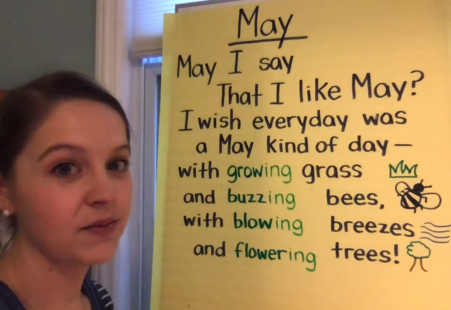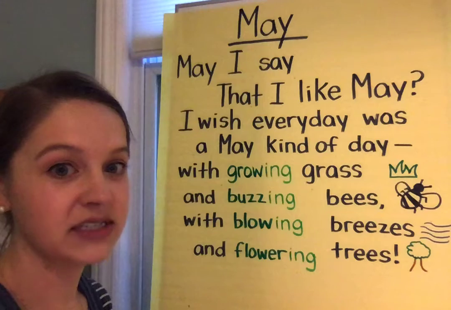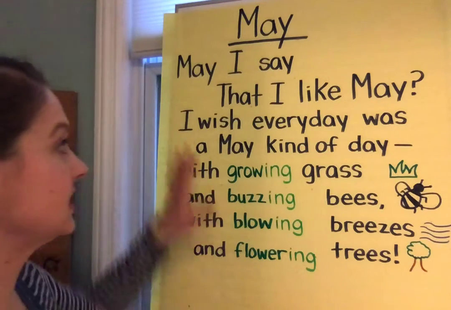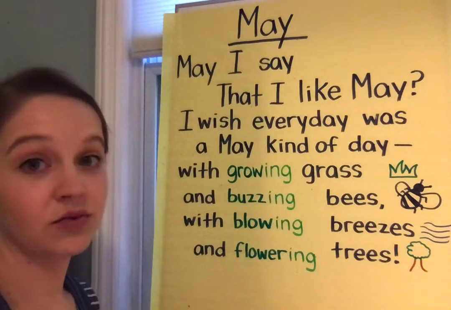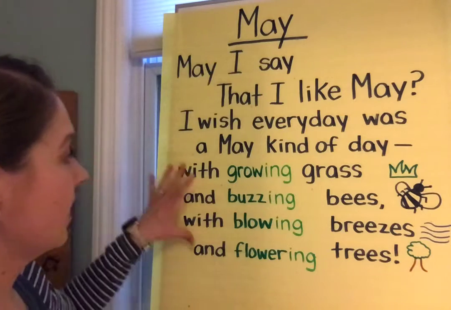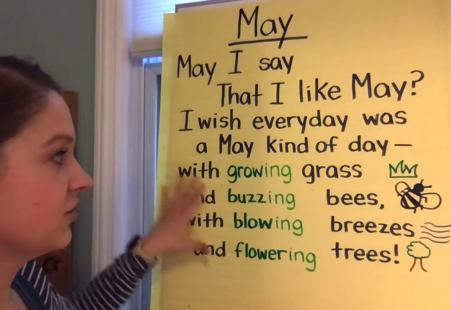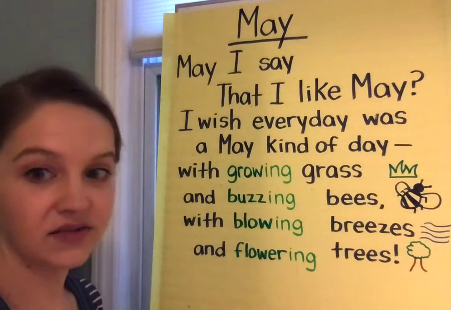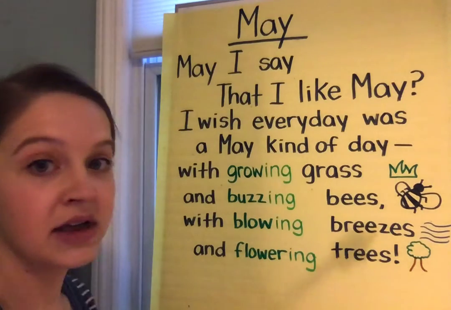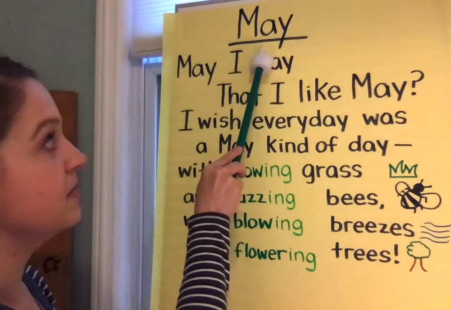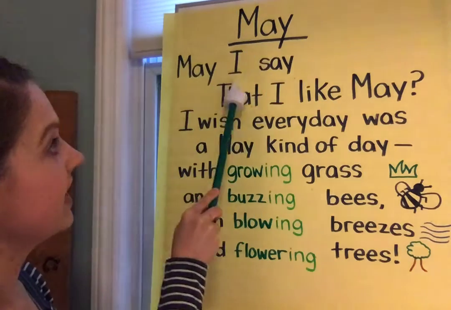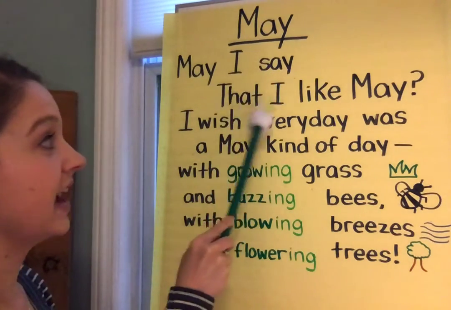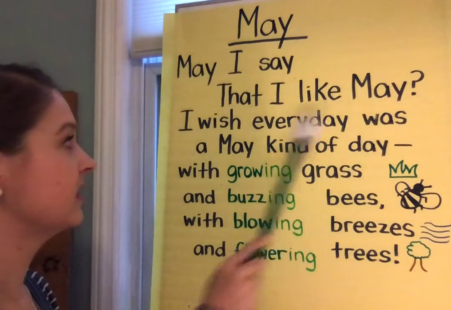All right, now I'm going to go back to the top and read the whole poem together. If you'd like to just listen at the beginning, that's okay. You can read with me if you would like to. Otherwise, I want to hear your strong teacher voice when we get to those words that we worked on together at the end of the poem. Here we go. This poem is called May. May I say that I like May?